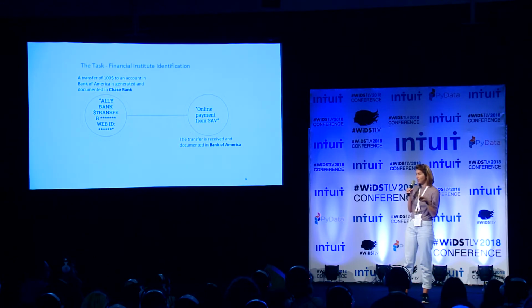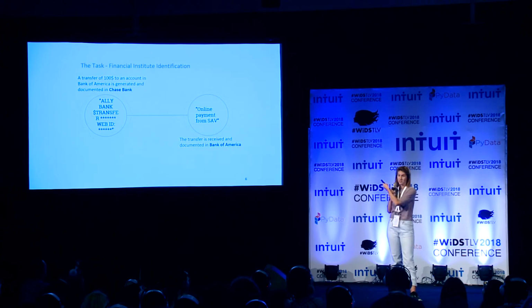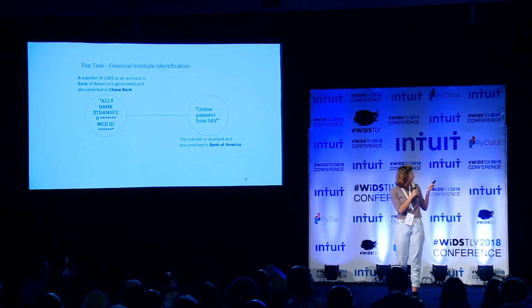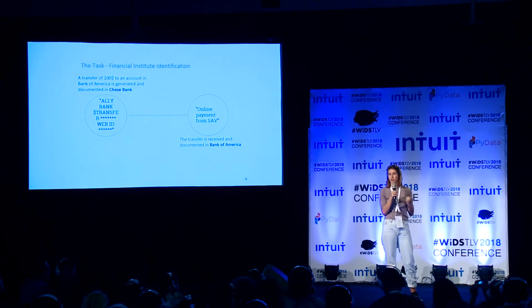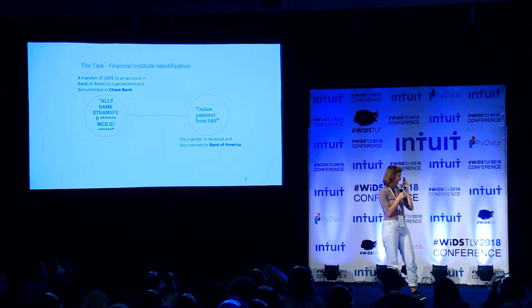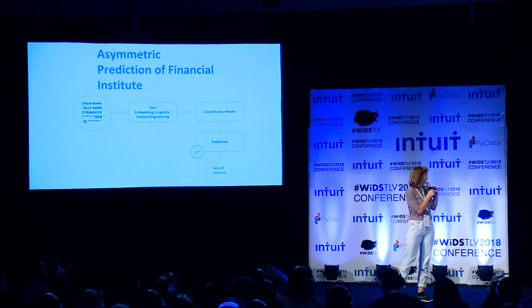Theoretically, the question of which bank is on the other side is one with a deterministic answer. But learning all of those rules is not feasible because there are so many banks, and each bank has this ramified rule-based system. So we decided to take a statistical approach to learn those.